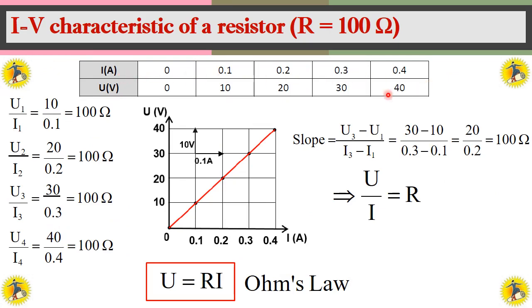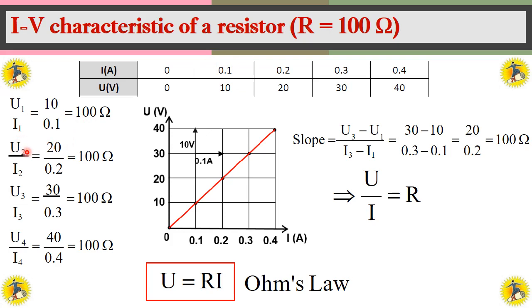Same table, but here is another characteristic of a resistor. If we divide the first value of voltage, 10, over 0.1, we get 100.